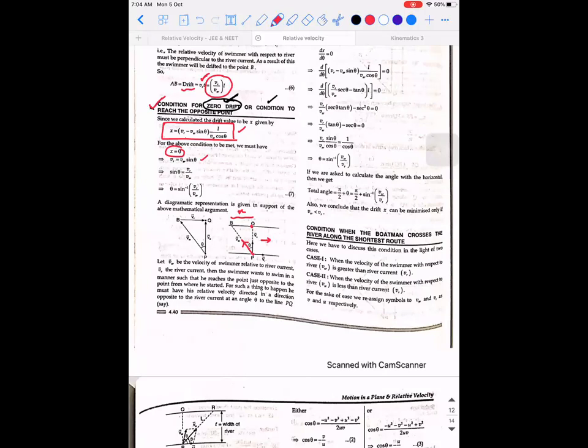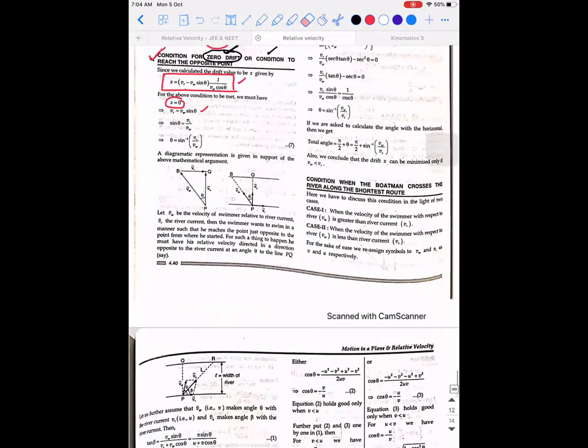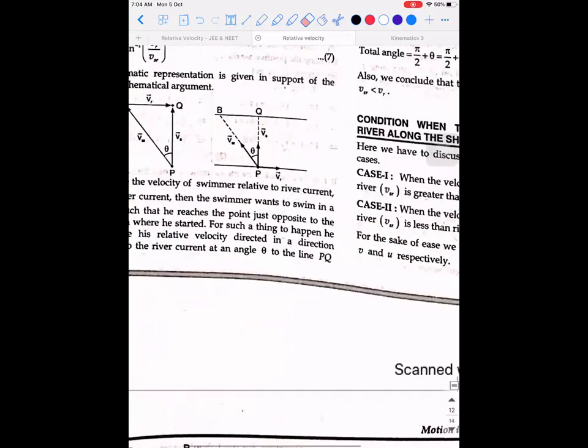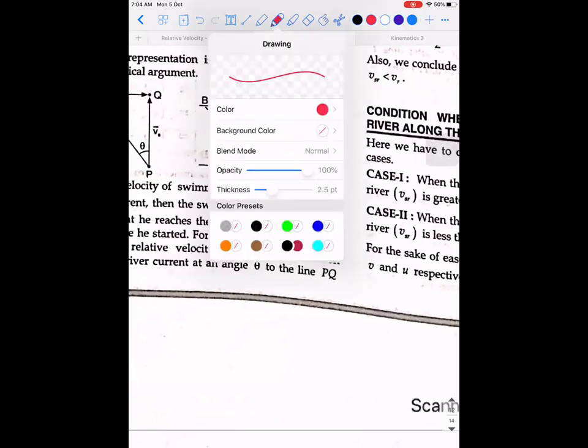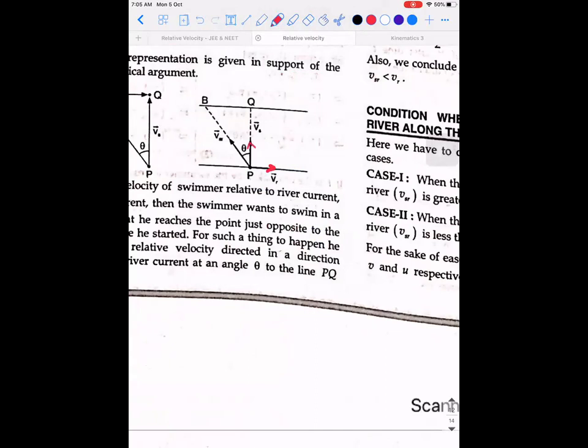See, I will give you a different approach of how to go with this. Let's say you don't remember this expression. Okay. Then what we need to do is, you're able to see this diagram, right? So this is the velocity of the river. There is the velocity of the swimmer. And this is the velocity of the swimmer with respect to the river.